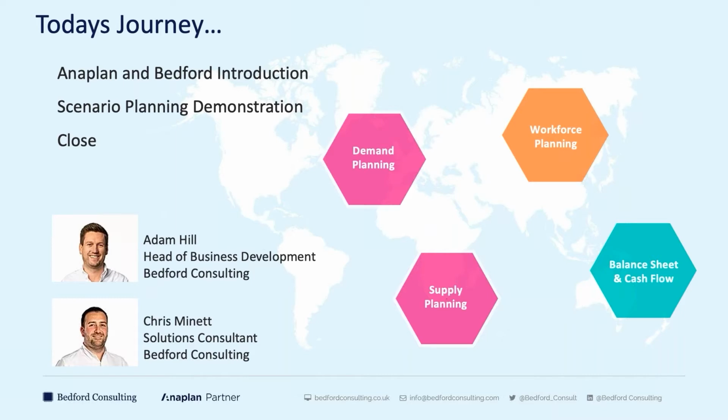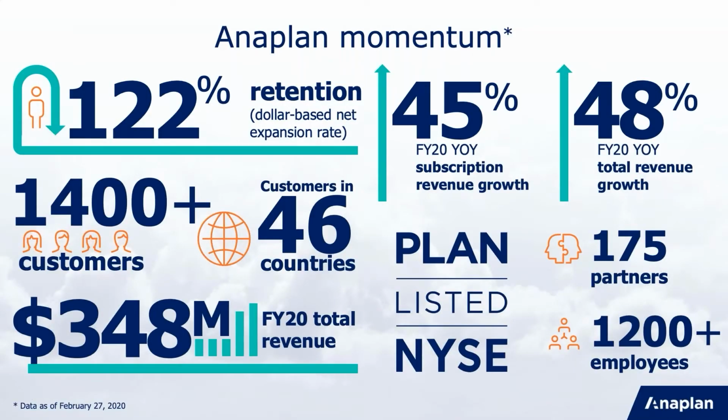So what is Anaplan? We'll just do a quick overview of Anaplan. Anaplan is a cloud-based connected planning platform, very much designed to help organisations accelerate decision making by connecting their data, their people, and their plans across the business. Founded in 2006, they've gone through significant growth to where they are today.